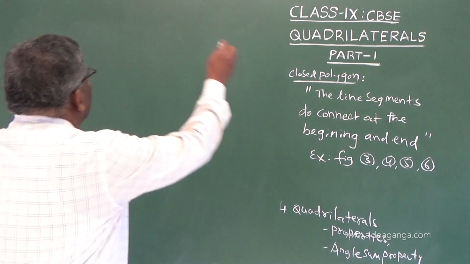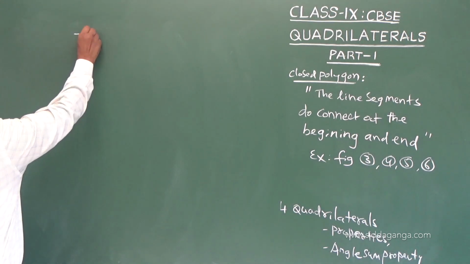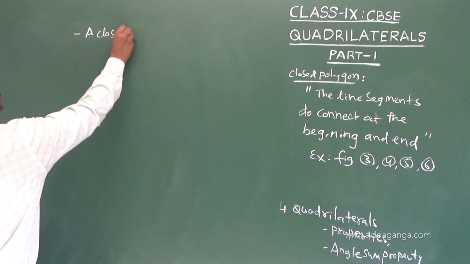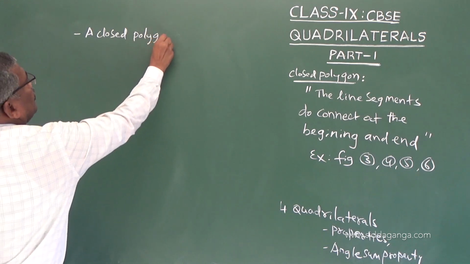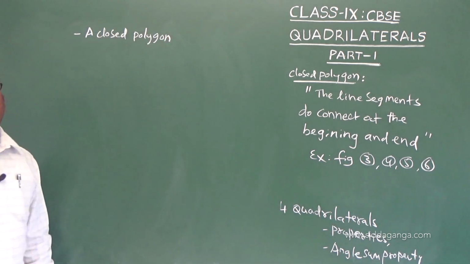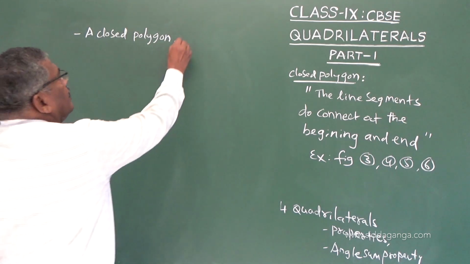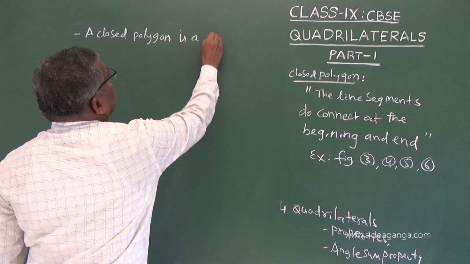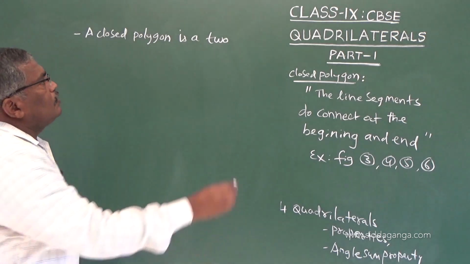See some key points about polygons. A closed polygon is a two-dimensional figure, a closed figure. See, we have length and breadth, two-dimensional.